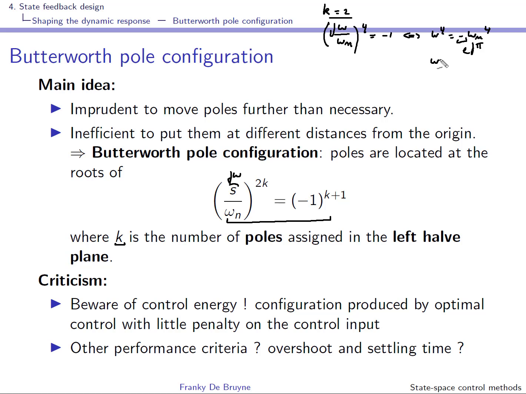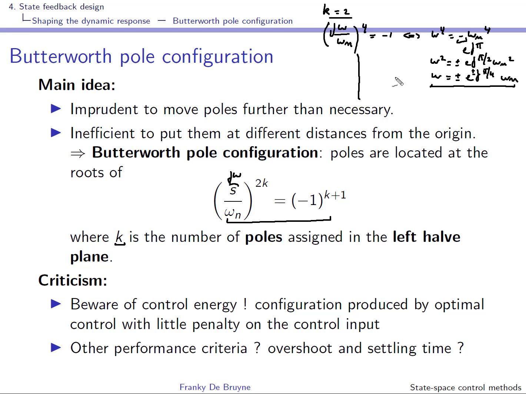So we'll have omega squared is equal to plus or minus e to the j pi over 2 times omega n squared. And if we take another root, we'll have omega is equal to plus or minus e to the plus or minus j pi over 4 times omega n. So indeed there are 4 roots.